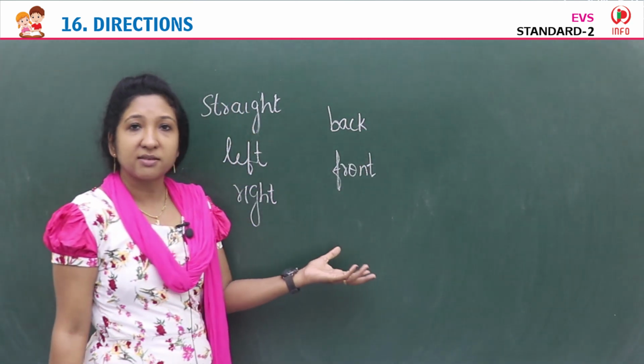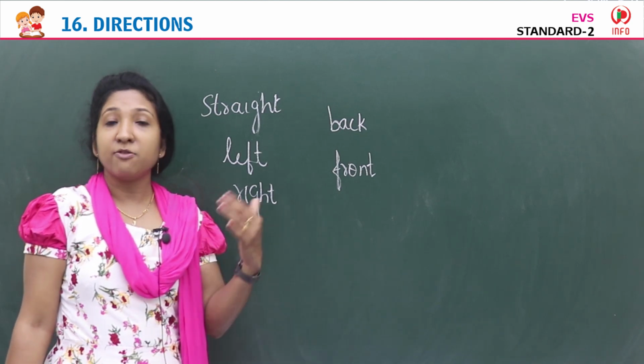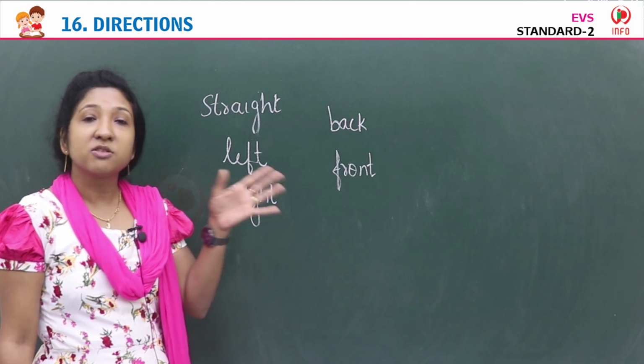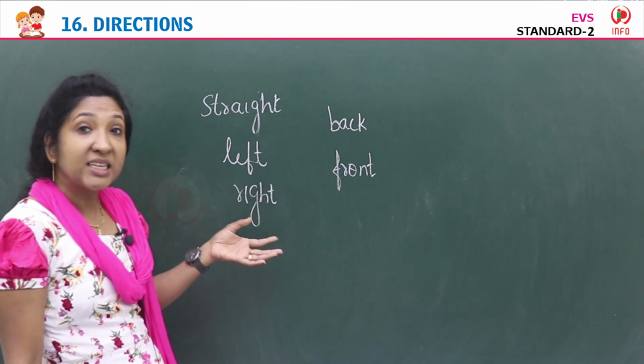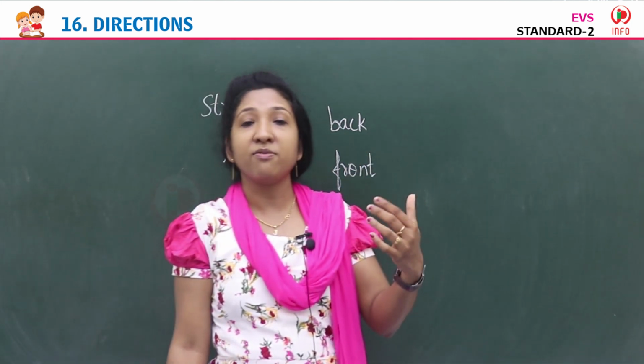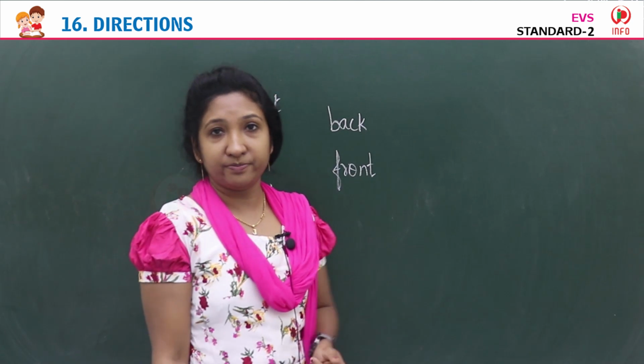Something we use like this, isn't it? These terms are so familiar to us. Back, front, behind, left, right, straight. We use these terms when we explain the way, or when we tell someone the way to our home, our house.